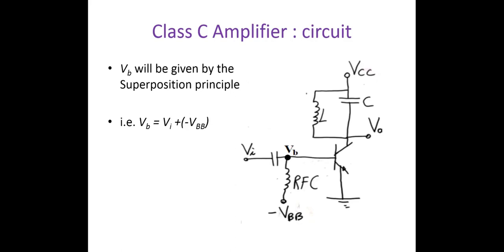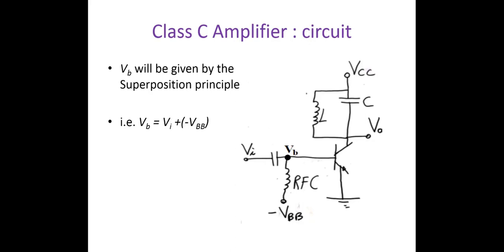Now applying the superposition principle, the voltage at the base would be the sum of this biasing voltage, which is minus VBB, and the input signal Vi. There is an element RFC which is an inductor, and that is connected between this minus VBB and the base terminal.